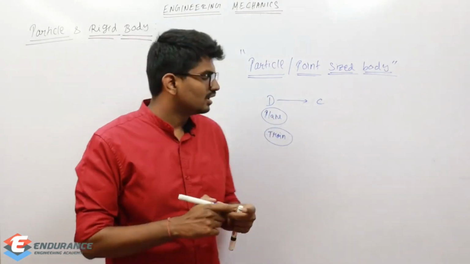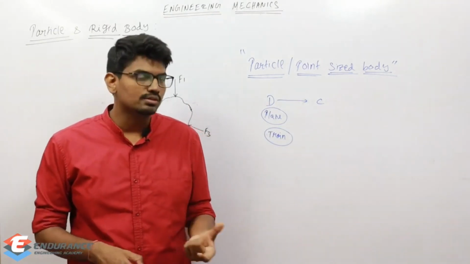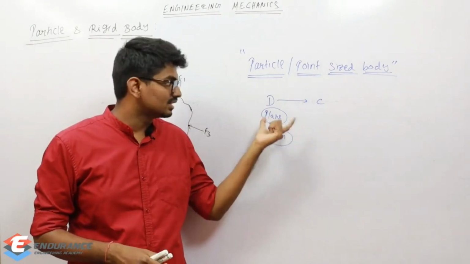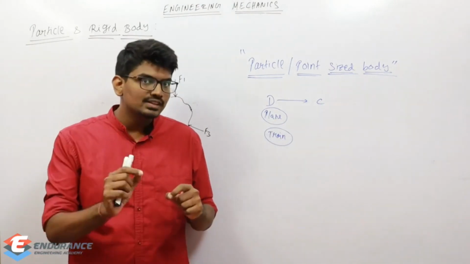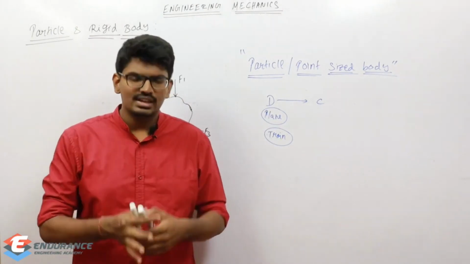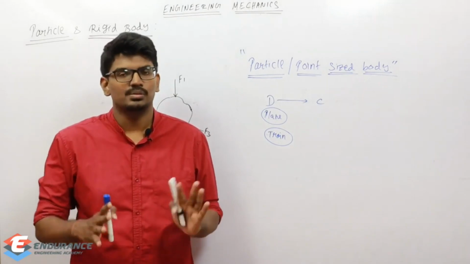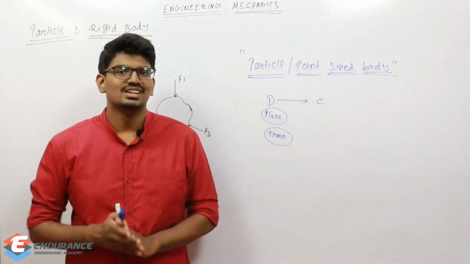Now, consider the size of the plane with the distance between Delhi and Chennai. Distance between Delhi and Chennai means what? Approximately we can take some 2000 kilometers or something. I'm not very sure, you can just check it in the map.